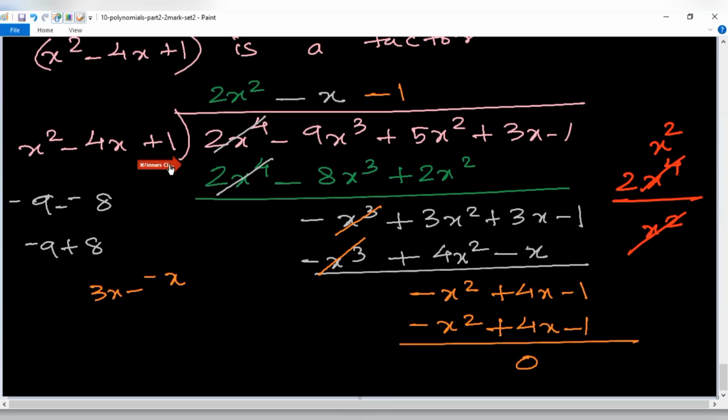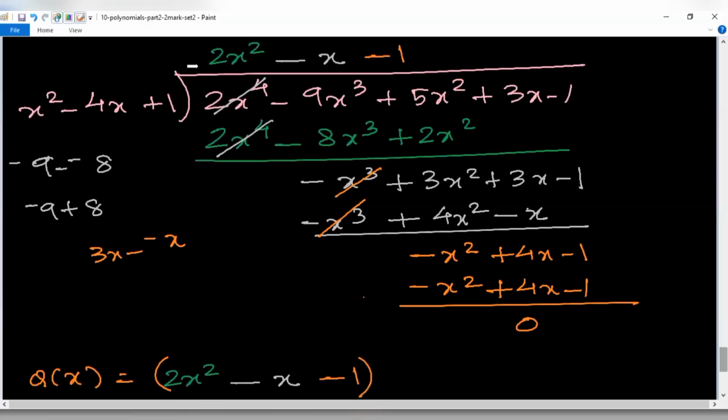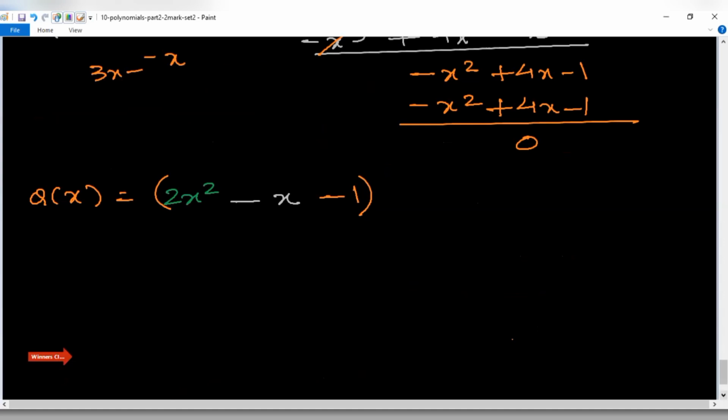The remainder is 0. So we can write the quotient as 2x square minus x minus 1. Next we have to find out the zeros, so we can write this as another factor. Now let us take this quotient term as q of x, and next we have to factorize it.